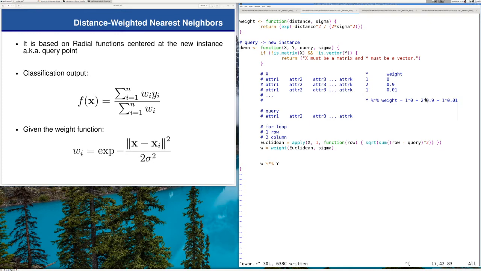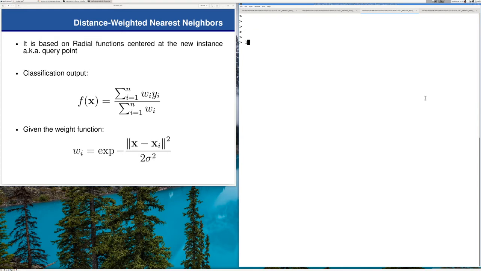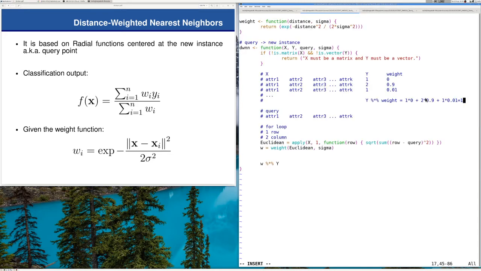This will be the result. Let's see the result because I don't know it. It's going to be 1 times 0 plus 2 times 0.9, if I'm not wrong, yeah, plus 1 times 0.01, 1.81. And we normalize this result by dividing it by the sum of weights.